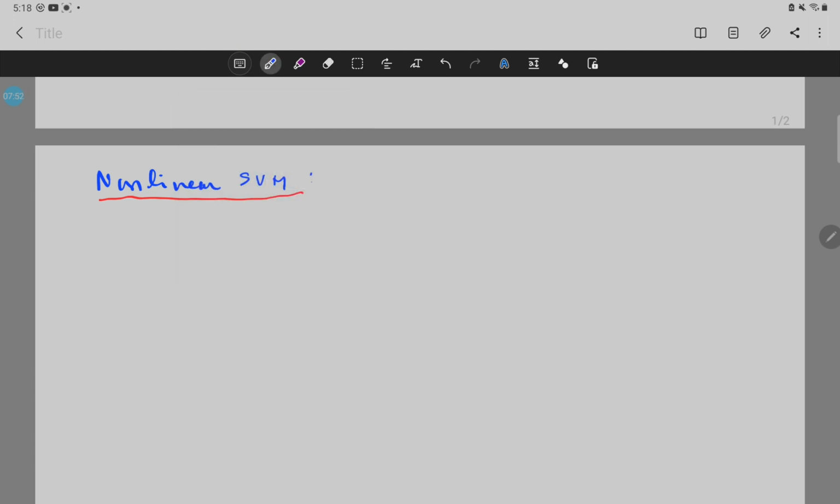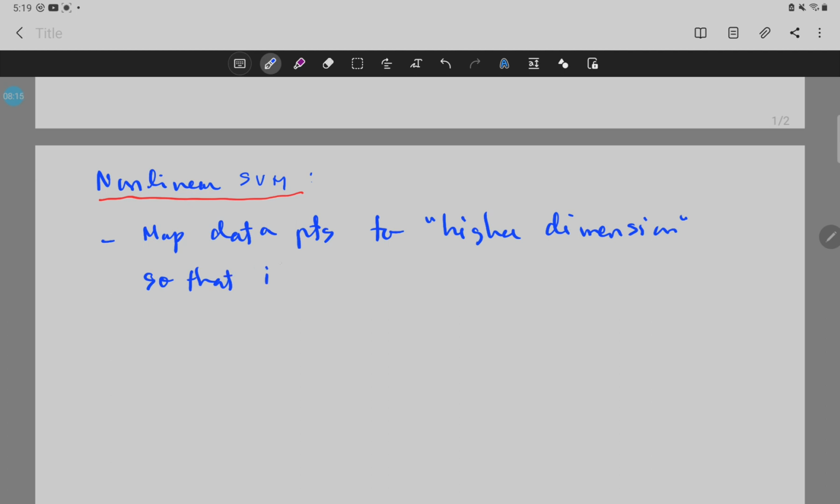Basically, we're trying to map the data points that we have to a higher dimension, so that it is easier for classification.